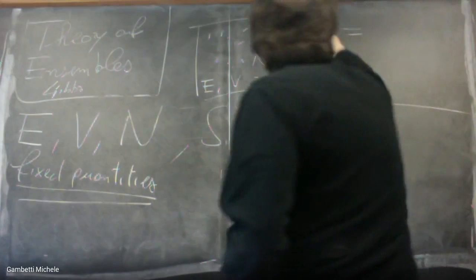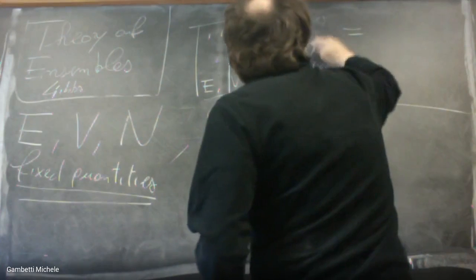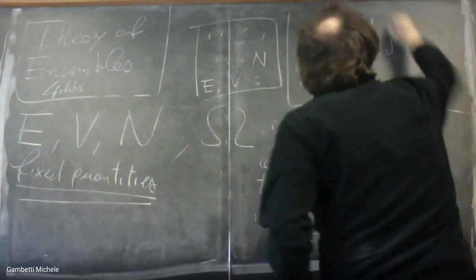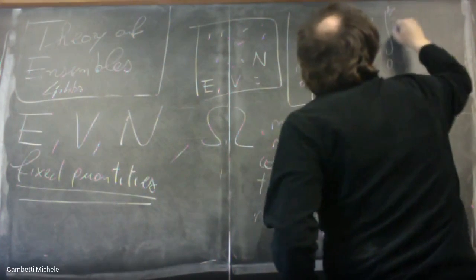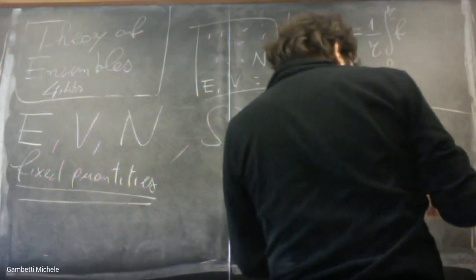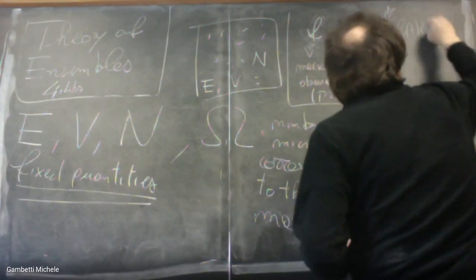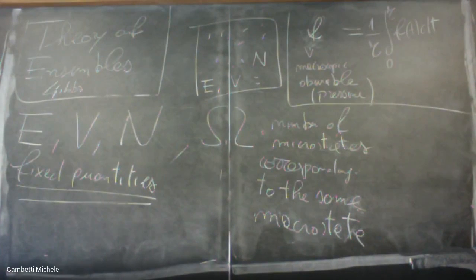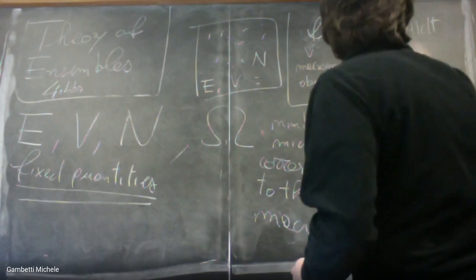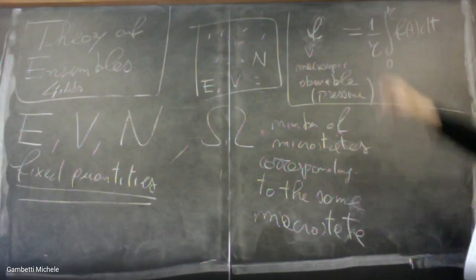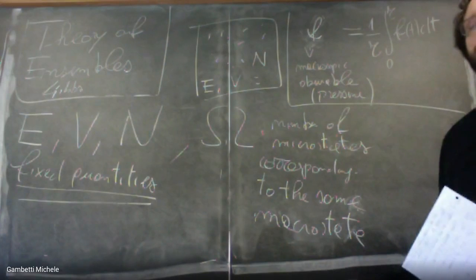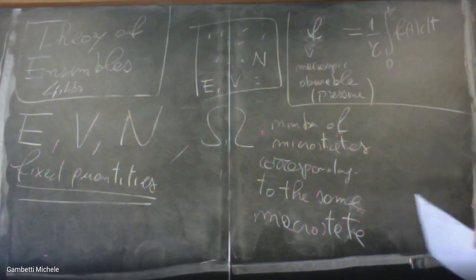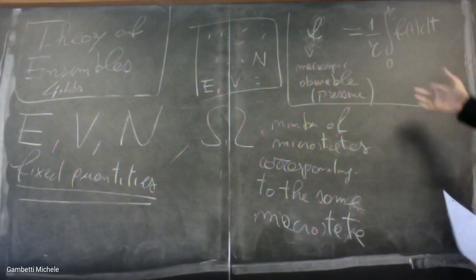And my measurement consists of a time average from 0 to tau of F(t) dt, where tau must be long enough to kill all the possible fluctuations of this quantity. So the measurement process itself is a kind of time average.